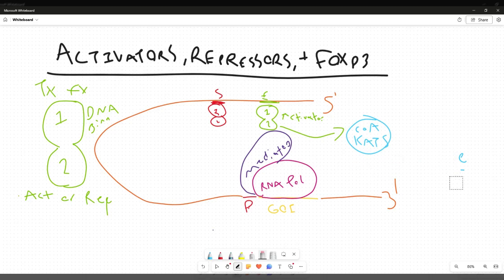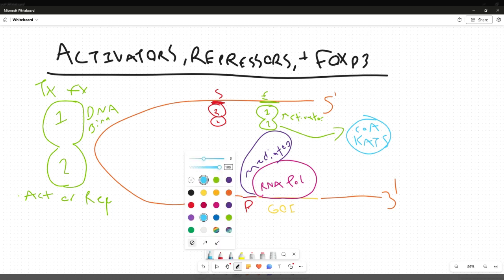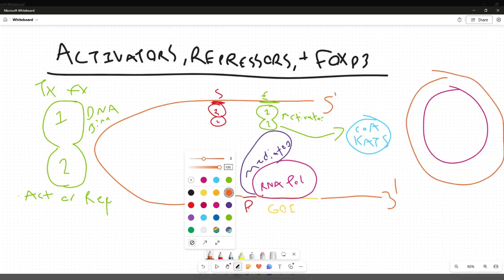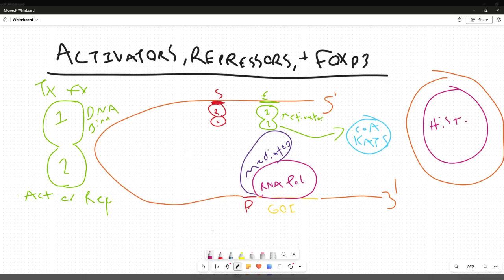So you see our nice DNA here, but a more realistic portrait of DNA is with it being wrapped around a histone. So what color is my DNA? It's orange. I like to think about a histone, I'll write that down. Histone.